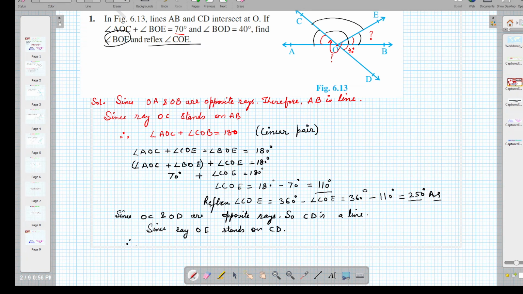So the linear pair angle COE plus angle EOD is equal to 180 degrees because of a linear pair.